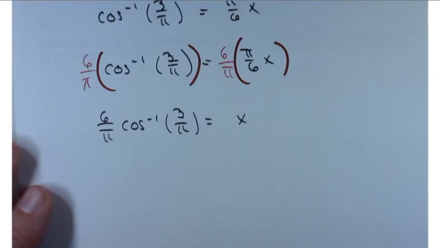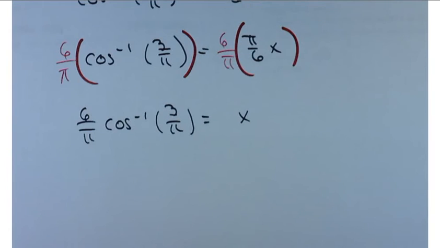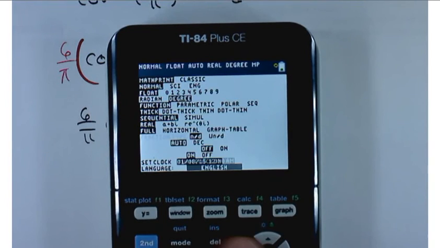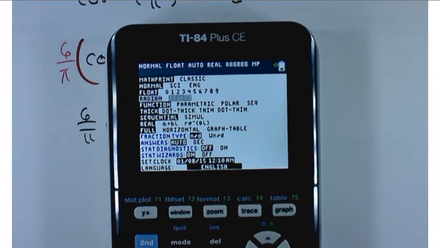By the way, what mode does your calculator need to be in when you calculate this? Radians. All right, so this is in degrees, so hit the mode key, go down to radians. I'll just do it this way.